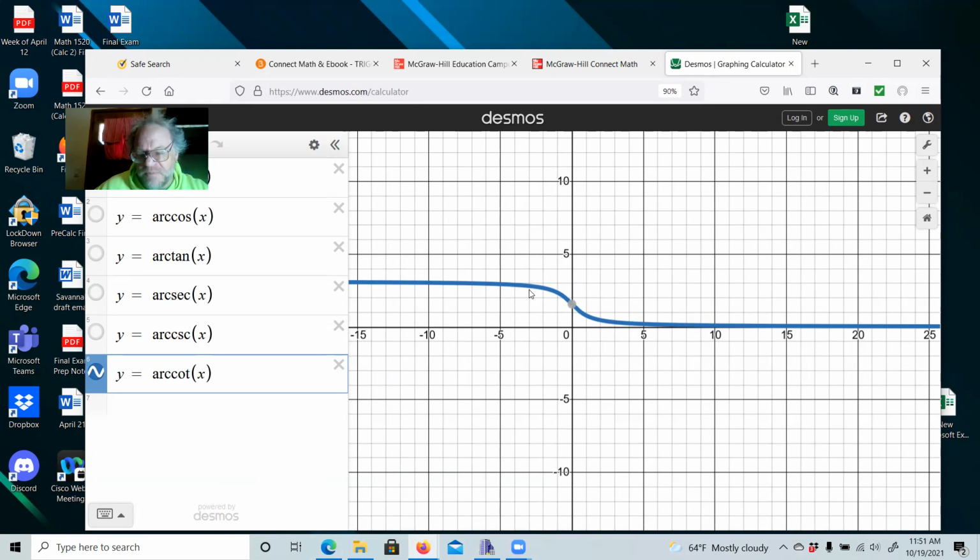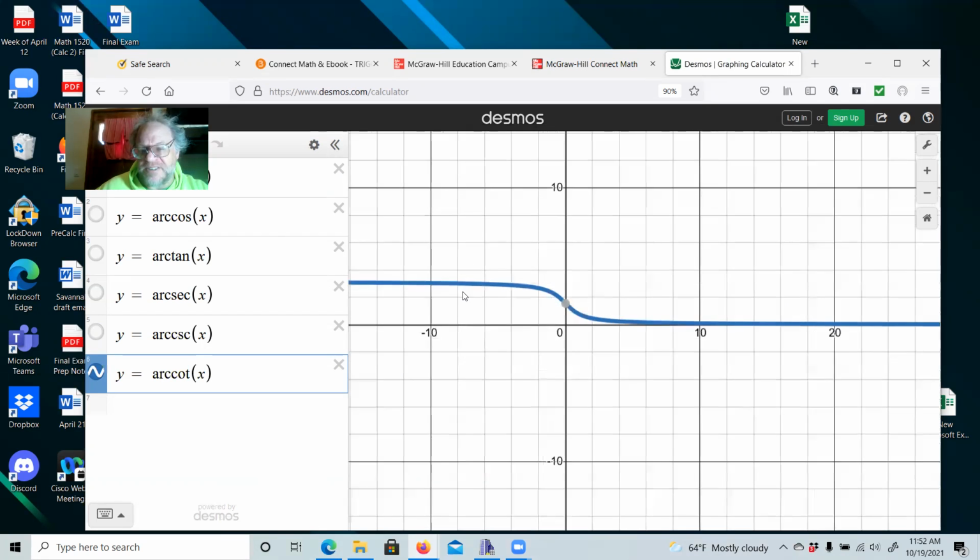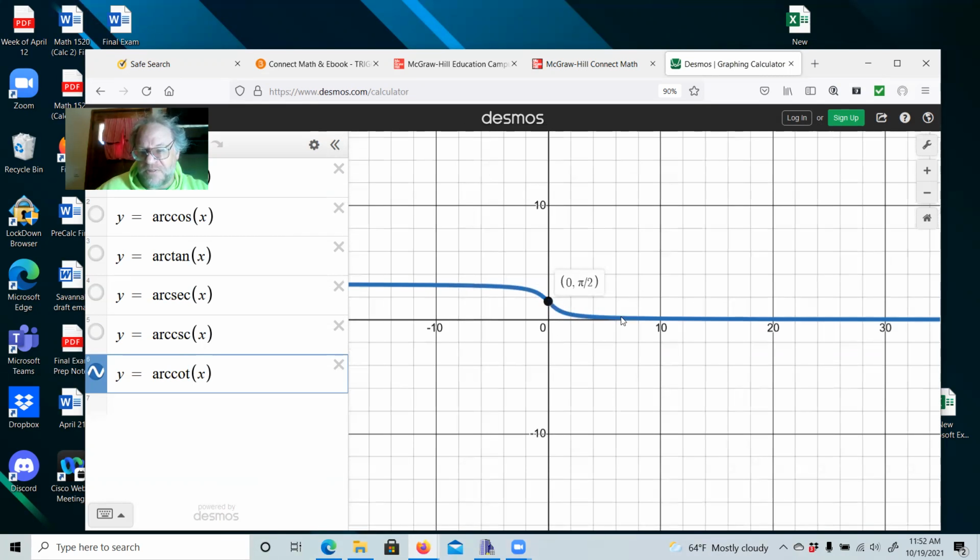To be honest, most people will just use tangent rather than cotangent. So we do have this, it will be in the homework, but I'm not inclined to ask you a cotangent problem simply because most people don't like cotangents, and I'm the same person. Not a big fan of arc cotangents in general. But it's there if you need it, and that's what an arc cotangent would look like.